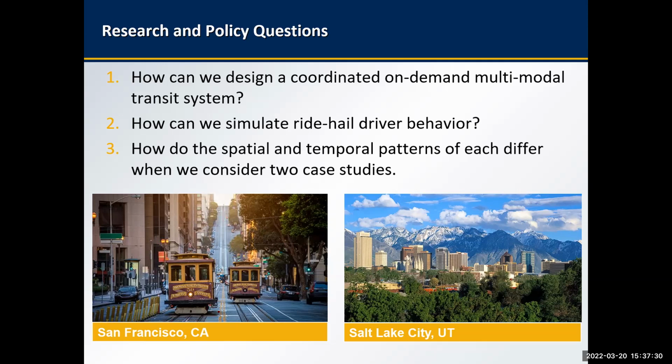And the third would be, can this behavior what we have observed and what we optimize in point one be understood and used in transit planning, and whether these patterns are transferable from one city to another. In this case, we utilize San Francisco in California and Salt Lake City, Utah as our pilot cities.